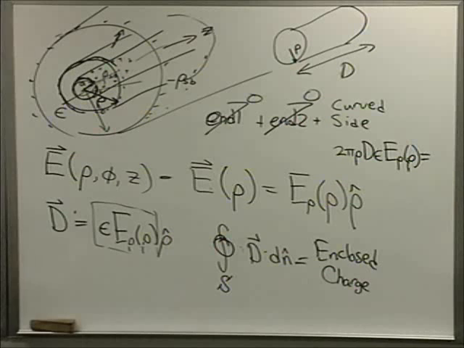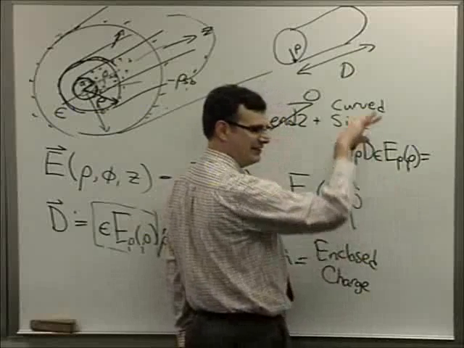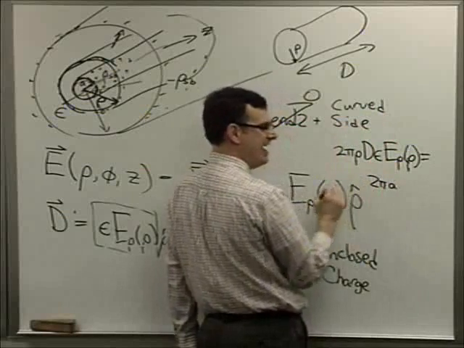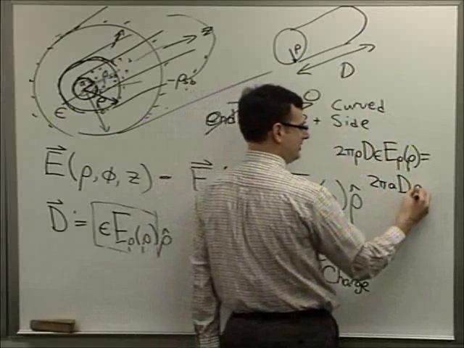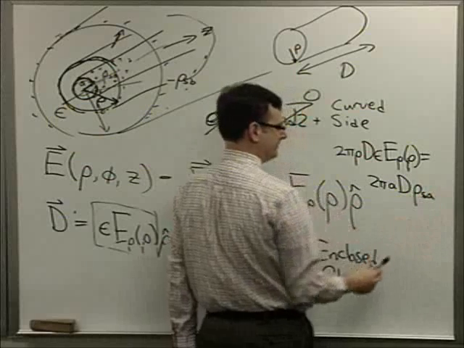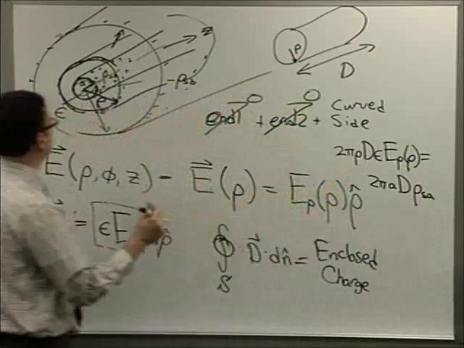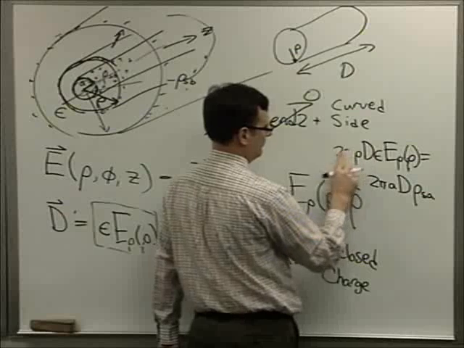Well, my enclosed charge is really, I just have a little cylinder of charge in there with a surface charge rho sub SA. Well, that should be easy, right? I just use the same cylinder formula. 2 pi, this time my radius is A times D. And it's rho sub SA. So let's see. Yeah, this is good. 2 pi's cancel.